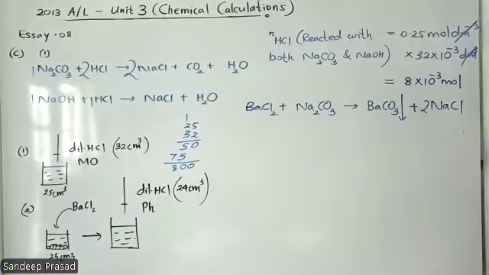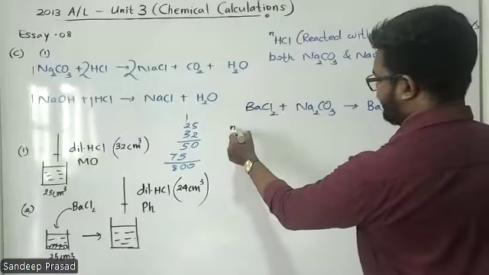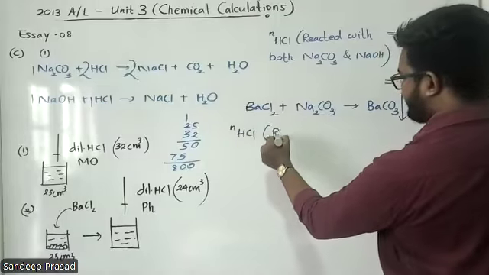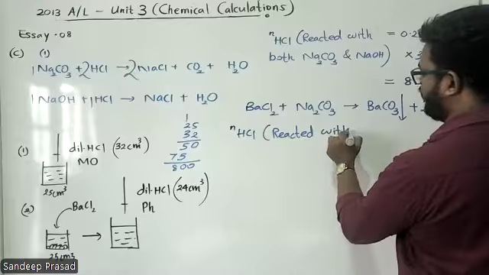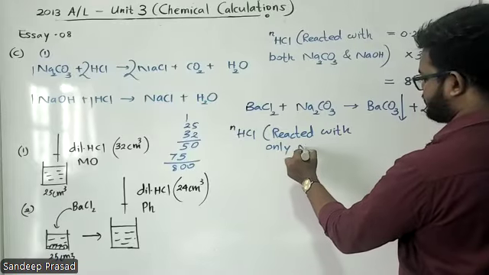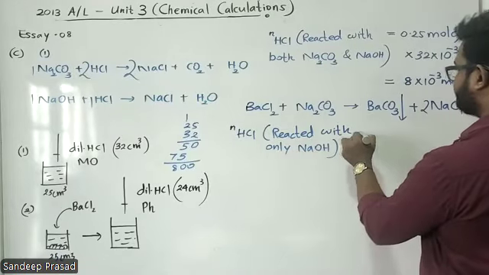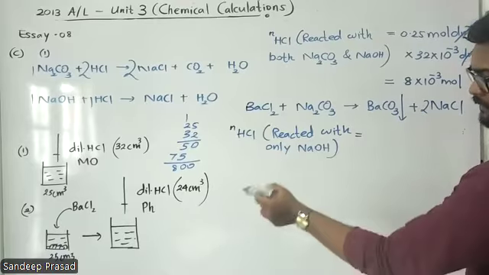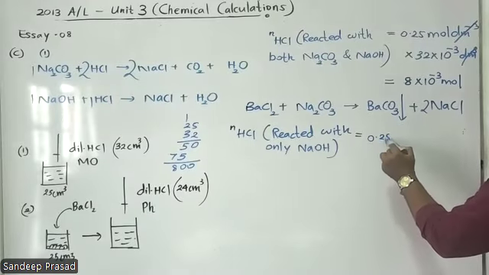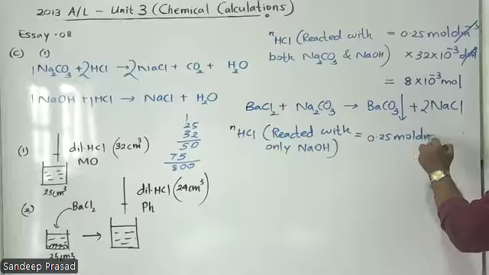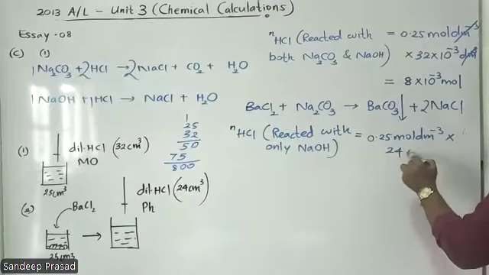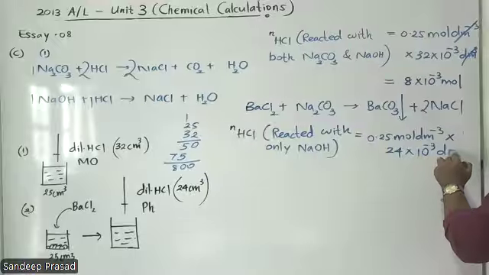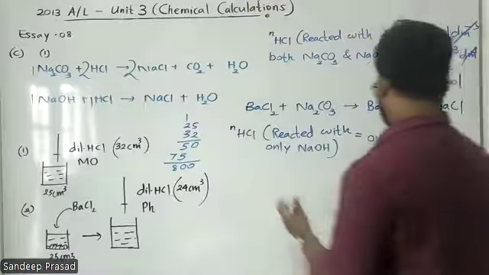Then I can say that the number of HCl moles reacted in the second process with only sodium hydroxide is equal to 0.25 moles per cubic decimeter multiplied by 24 10 to the power minus 3. So 25 into 24.